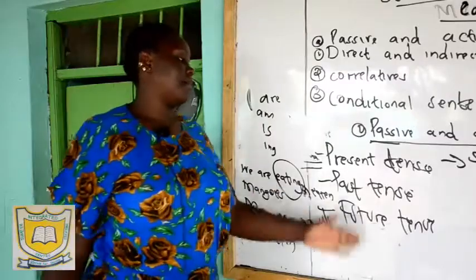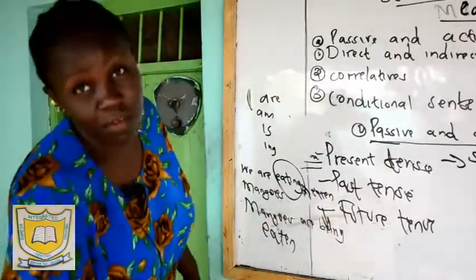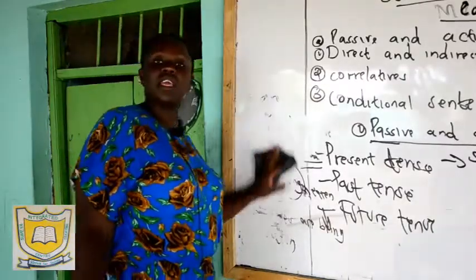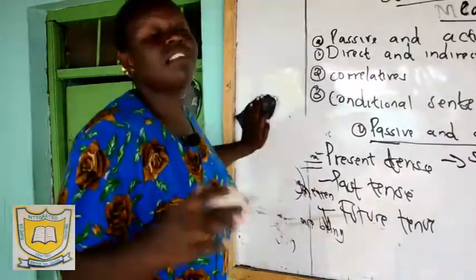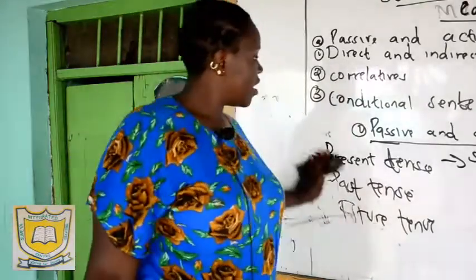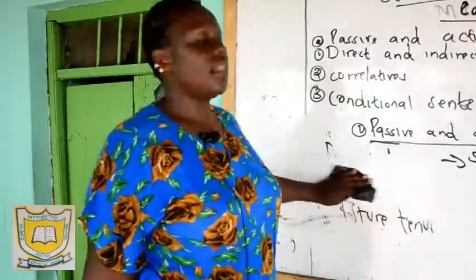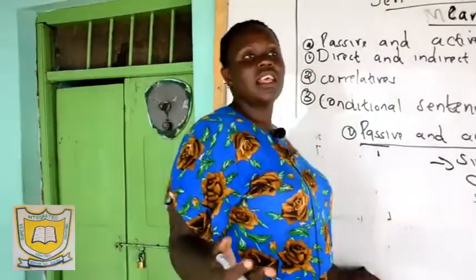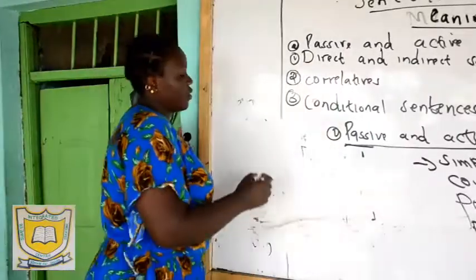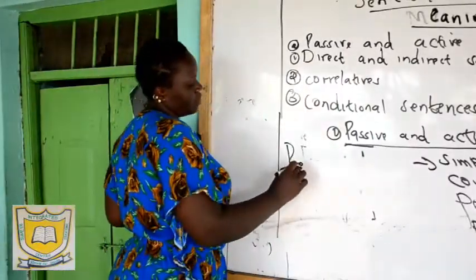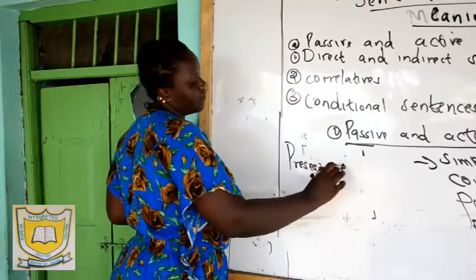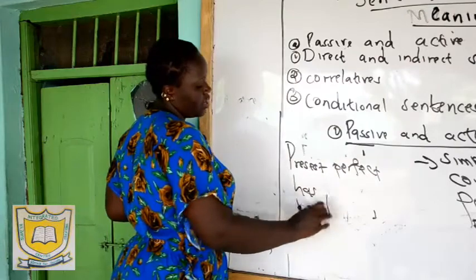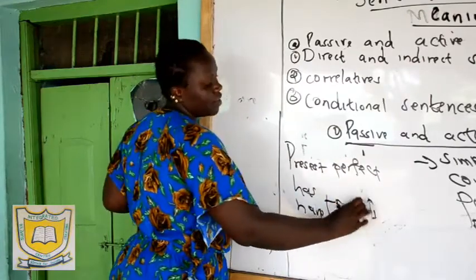The same applies to the past tense, and the same applies to the future tense. Amina was eating a mango. A mango was being eaten by Amina. Then we have the perfect tense, where the present perfect tense is formed by has or have plus a past participle, has for singular and have for plural.